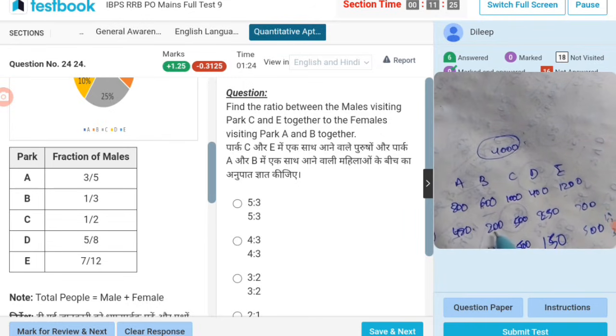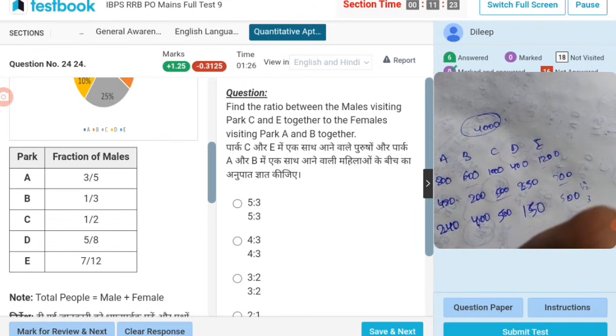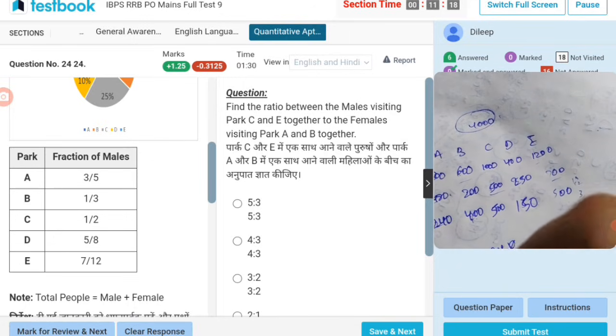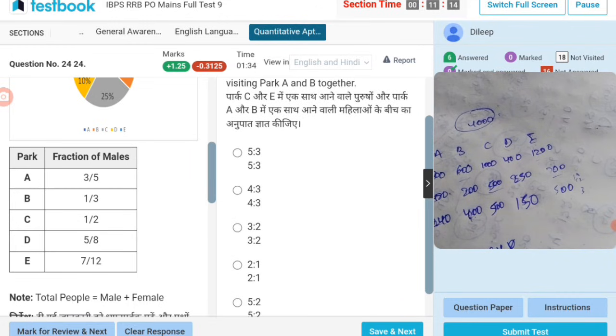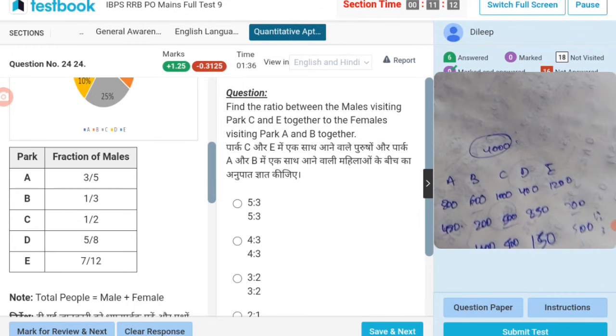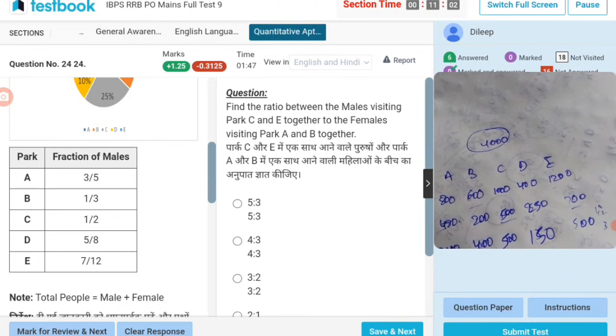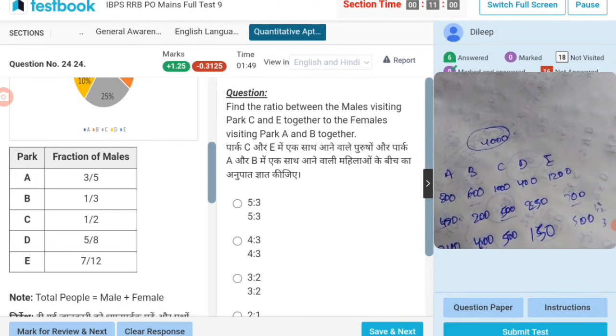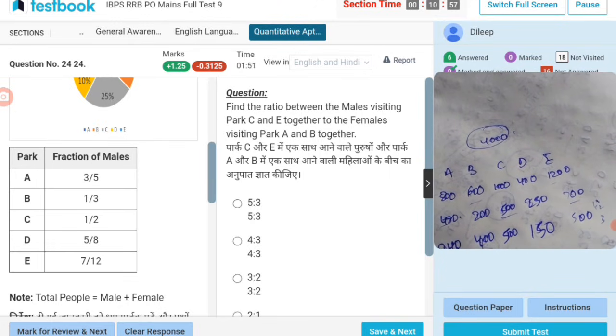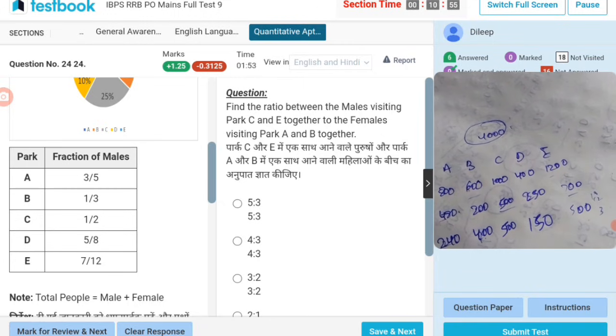Males visiting C and E, 1200, females A and B 640. 15:8.